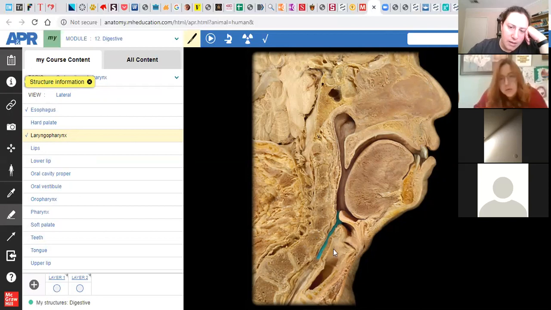Now, they didn't give us a really good view of that. For whatever reason, they didn't feel the need to actually show it to us. It's basically this muscle, well, that's not a muscle, that's actually cartilage, but it's basically right in here. This is the epiglottis, you don't actually have to know that, but if we're indicating something between here and here, it's going to be right in this area.